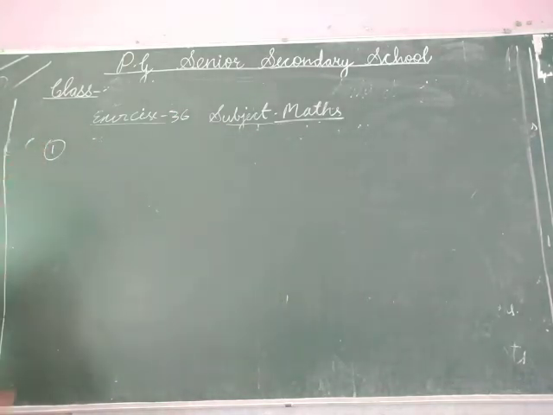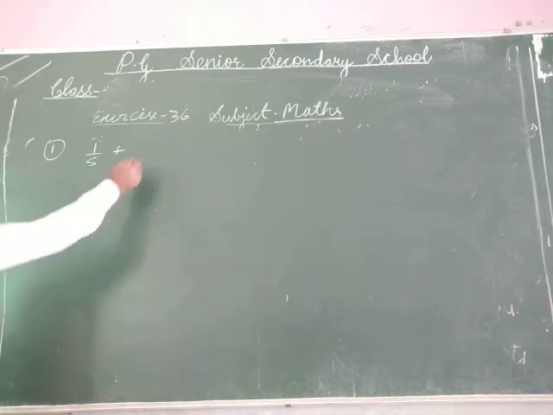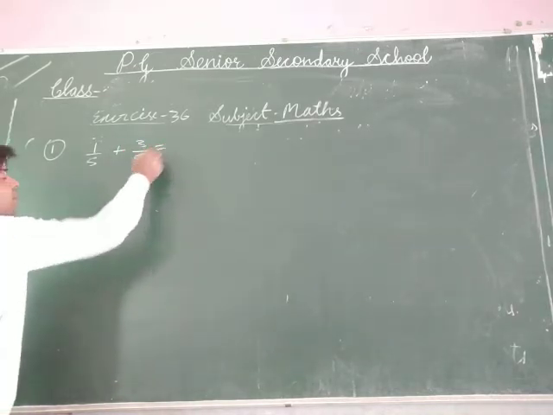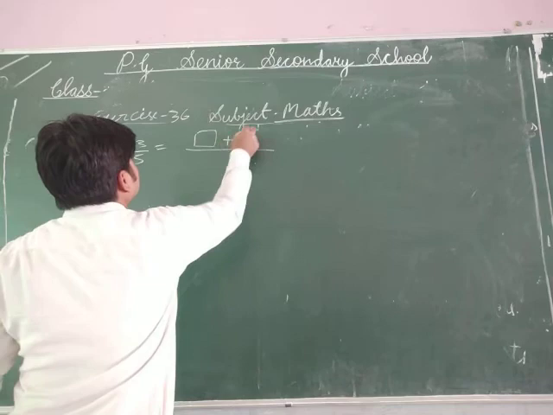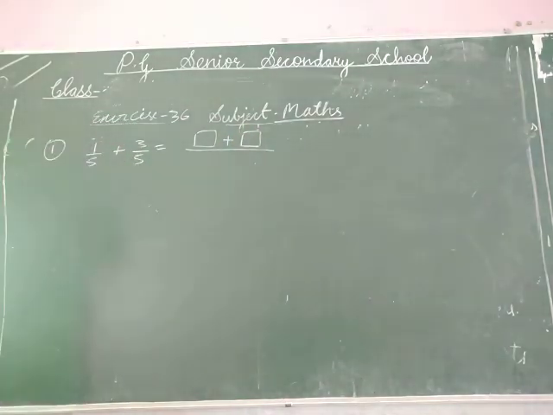The first question is like this: 1/5 plus 3/5 equal to, the blank is given here, over 5.